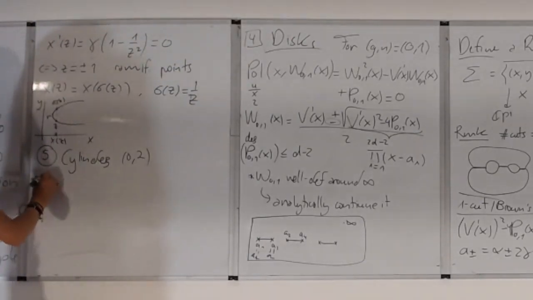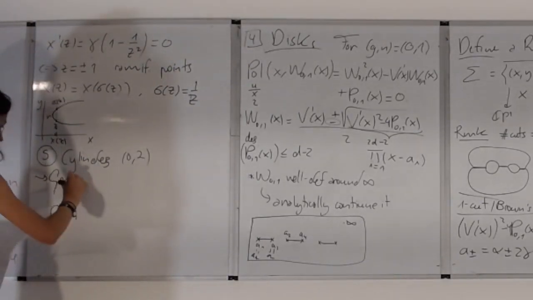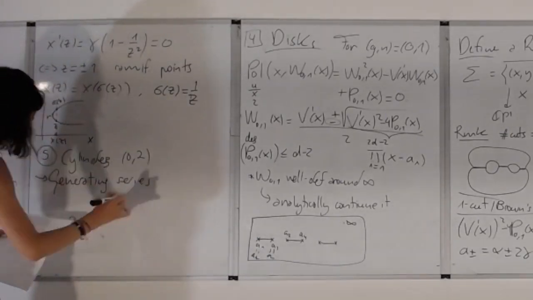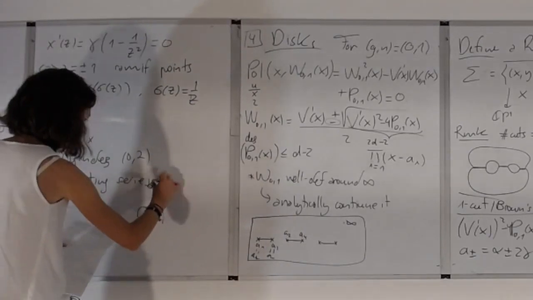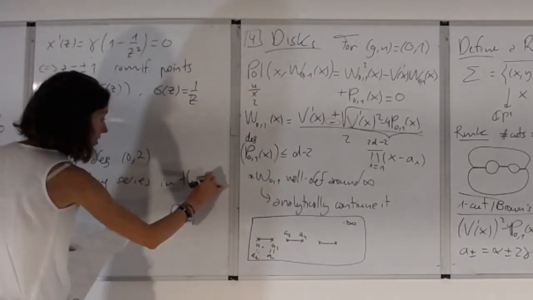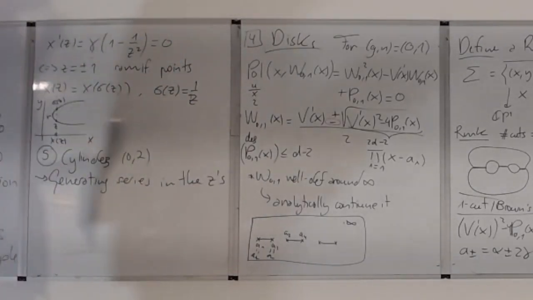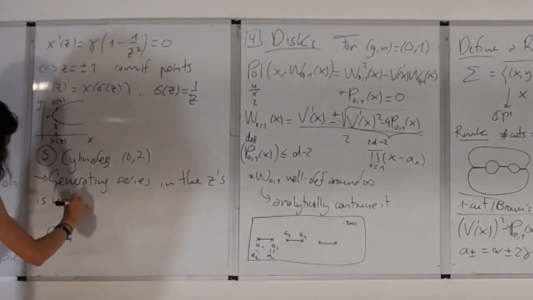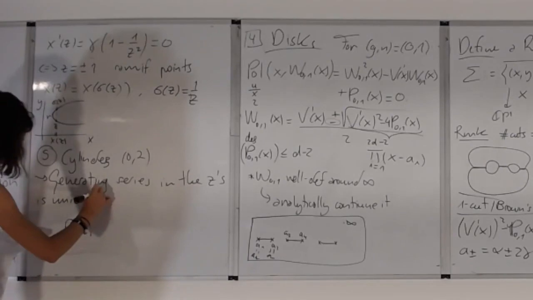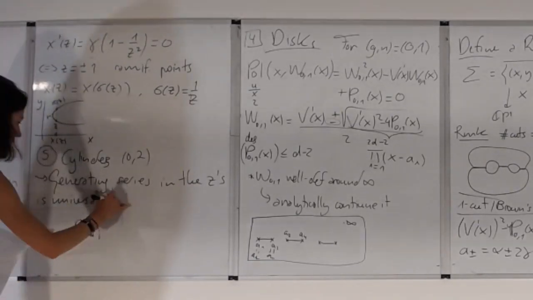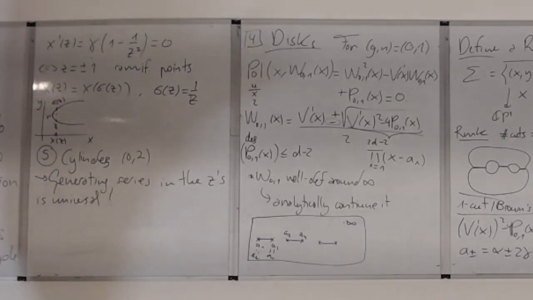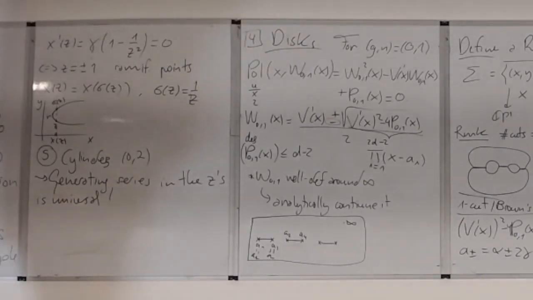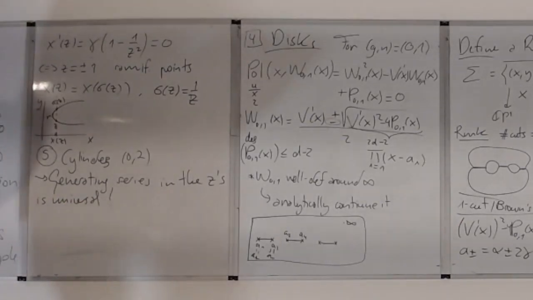So the very cool thing is that the generating series in the Zs that we found is universal. So what do we mean by this? Well, you already saw a lot of why this object is nice in Bertrand's lecture.